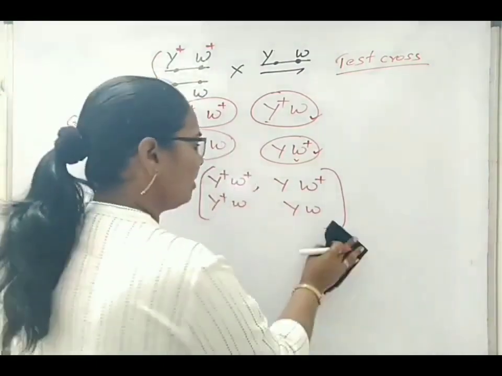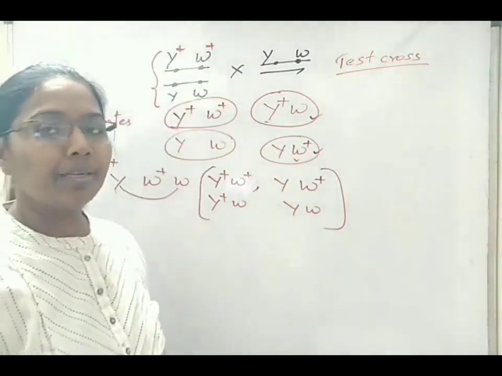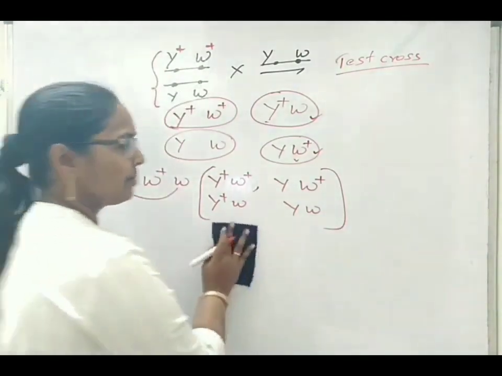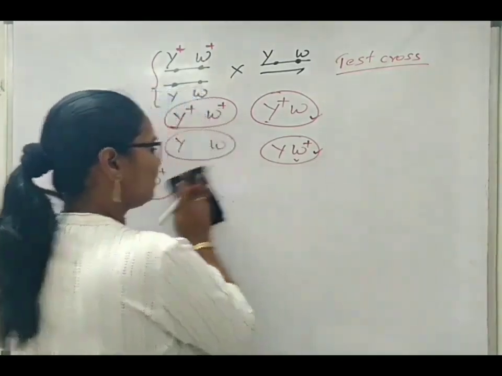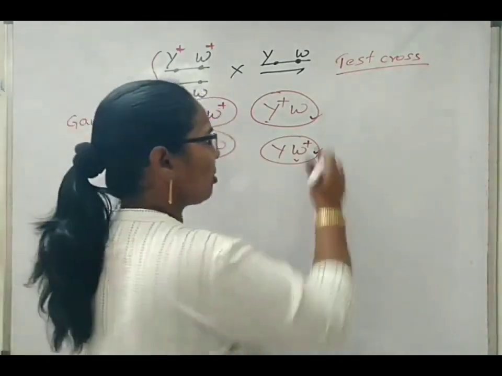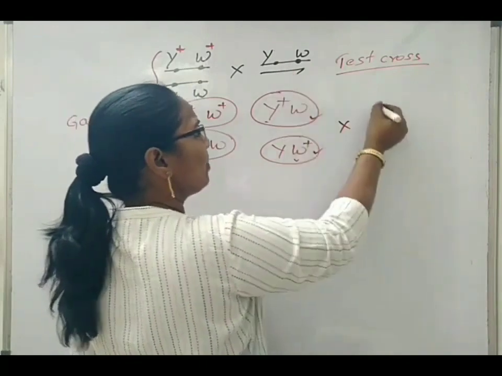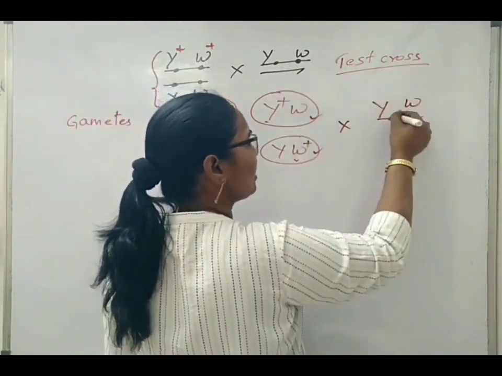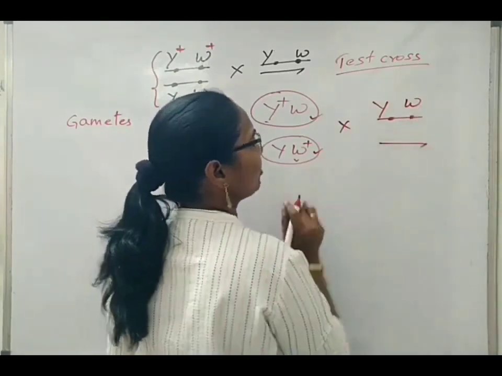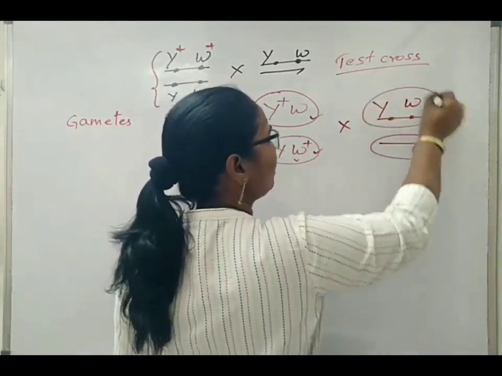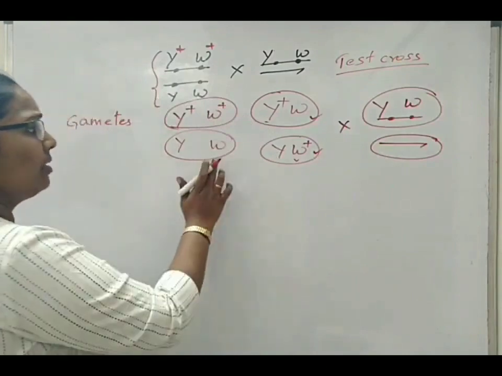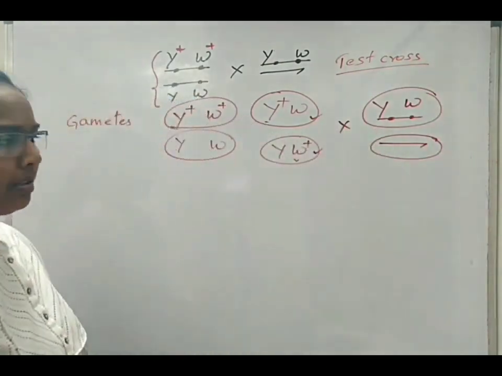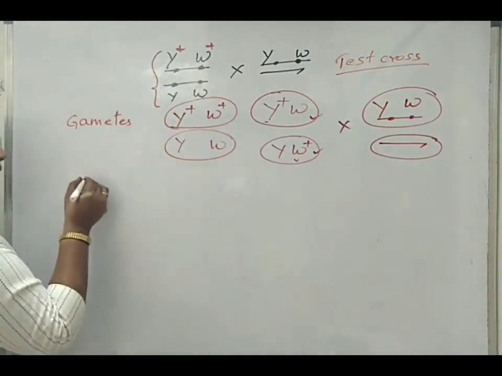Now, we already know that in a dihybrid, from one offspring we get four types of allele combinations in the gametes. Now, these are crossed with the recessive male. This is the X chromosome and this is the Y chromosome. This is one gamete, this is one gamete. When these four types are crossed with the same type of X and Y gametes, what type of offsprings do we get?